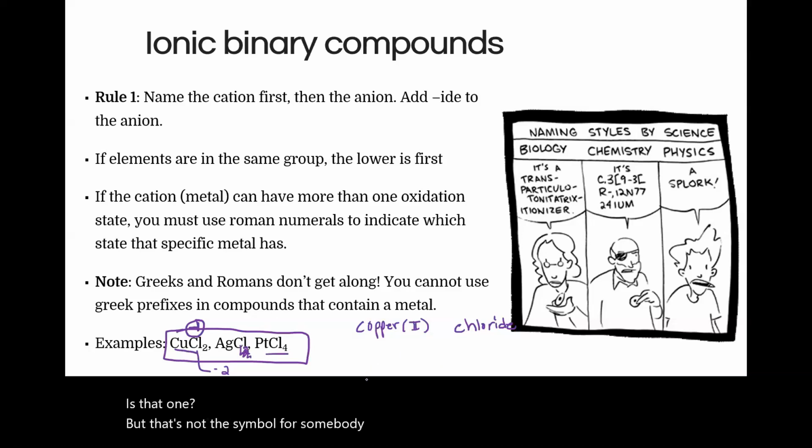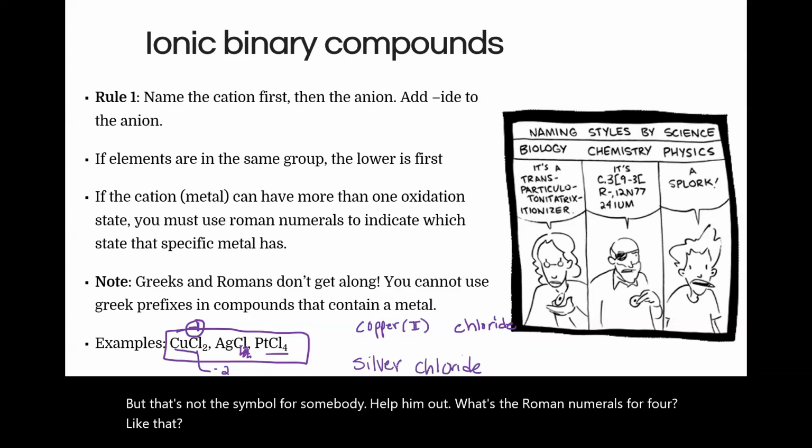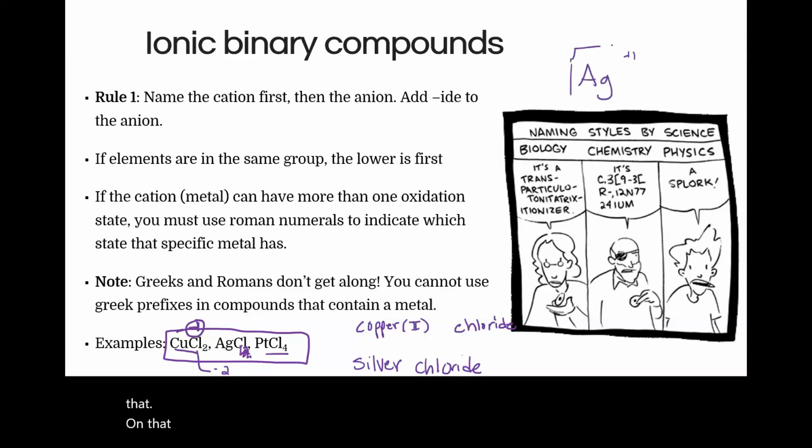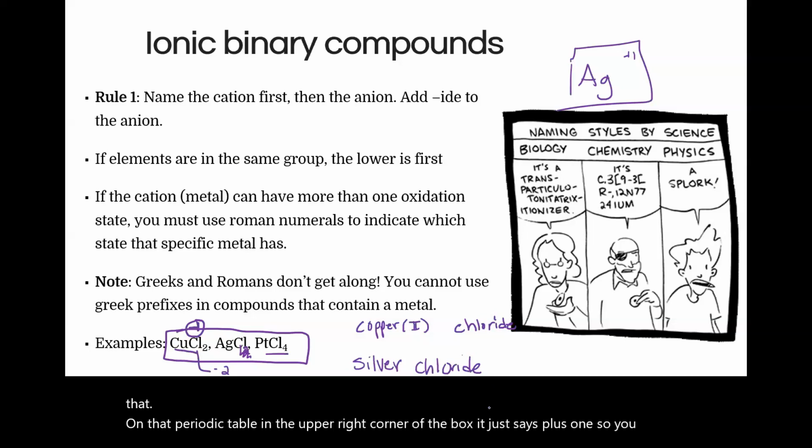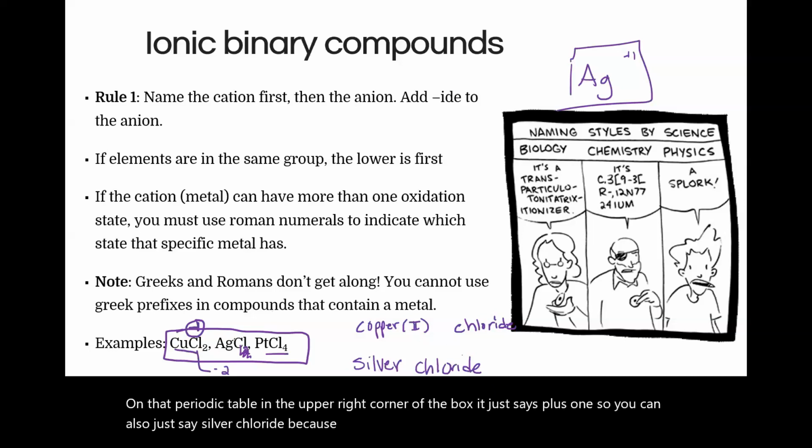What's the Roman numerals for 4? Yeah, like that. So silver doesn't have a choice. You could say silver 1 chloride, but if you look on that periodic table in the upper right corner of the box, it just says +1. So you can also just say silver chloride because it doesn't have any other option.